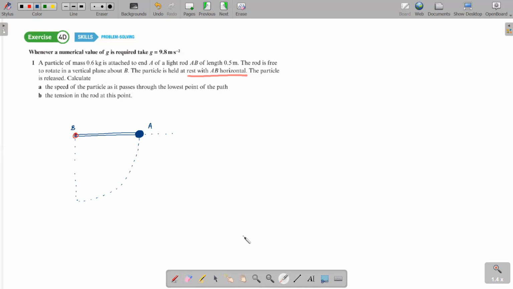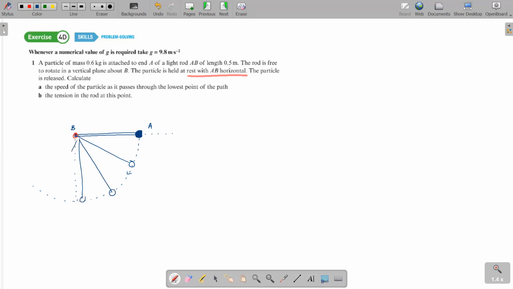So this is when it is directly vertically down, and then it will just continue in the circular path. Pivoting around B, the rod will just fall like this.